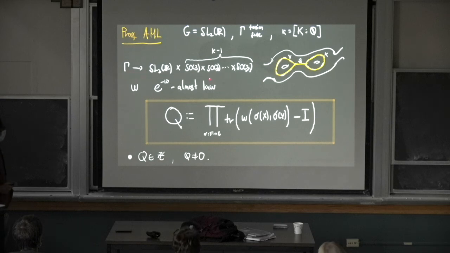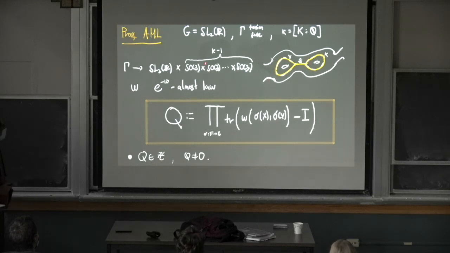And the idea to show the arithmetic Margulis lemma is to take, okay, suppose I have these two loops, X and Y, and I want to show that this orange string is long. So I take the matrices corresponding to this and apply the word to that.